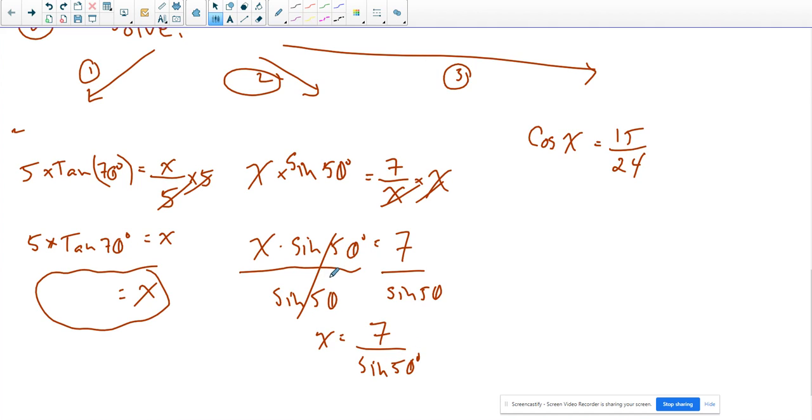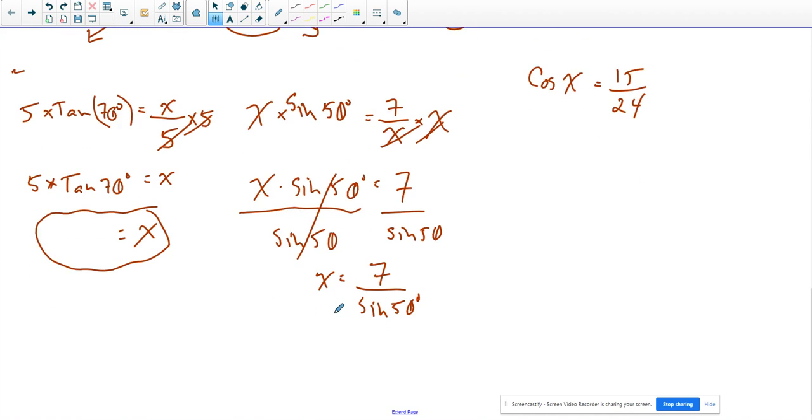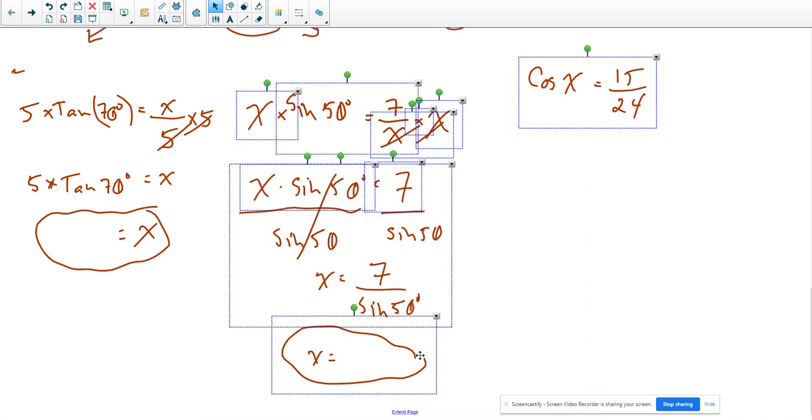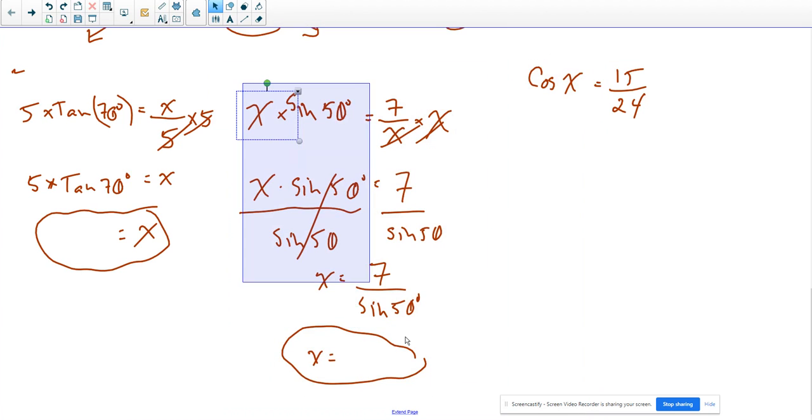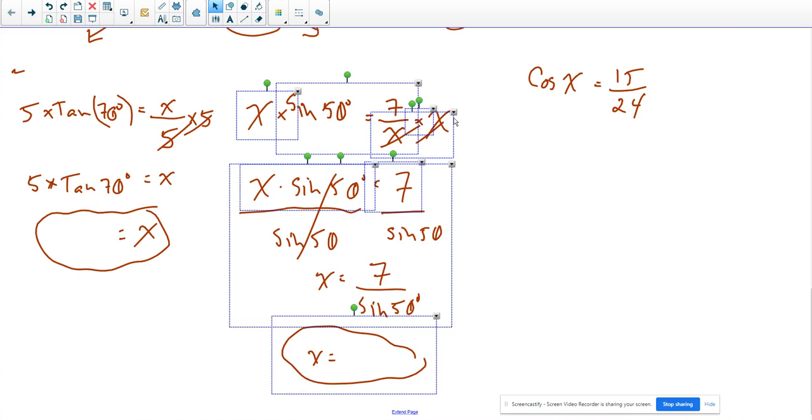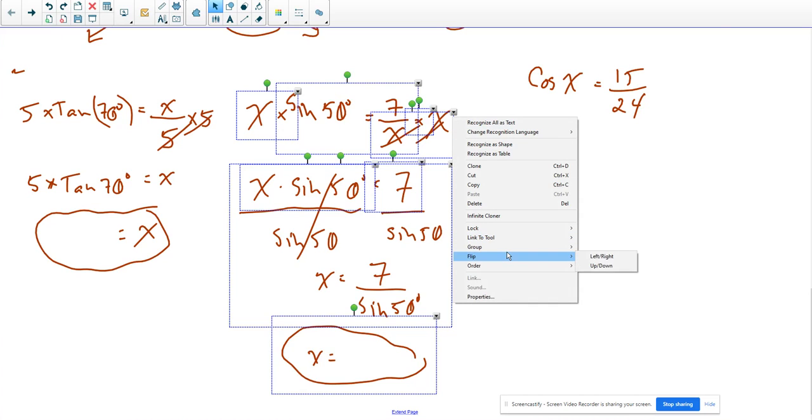Okay, so that's something that can just be typed directly into my calculator. I evaluate that in my calculator and have x equals, and then whatever the value is. And again, we'll come back to that in a minute. So that's that scenario. I'm now going to move on and look at how we would solve for case 3.